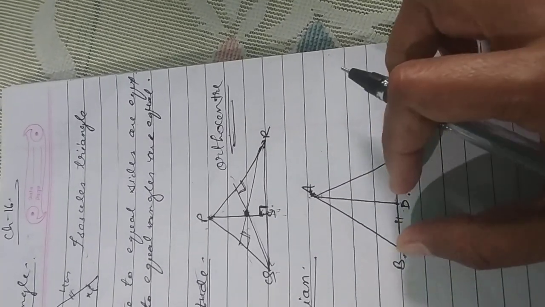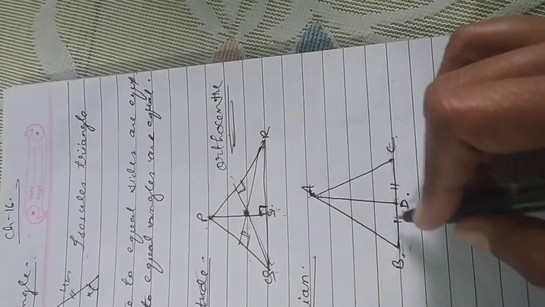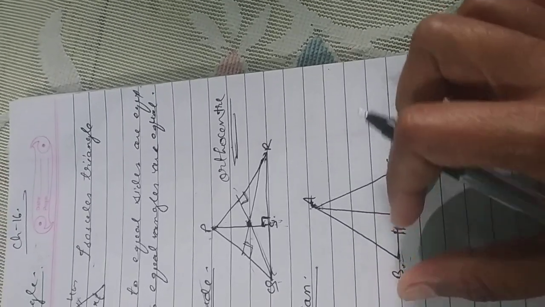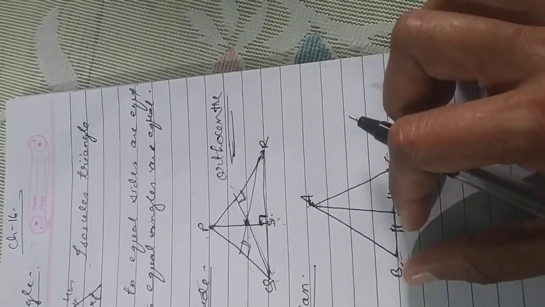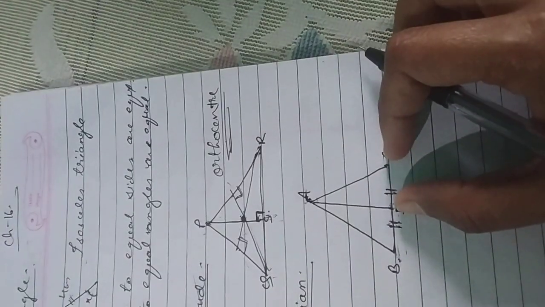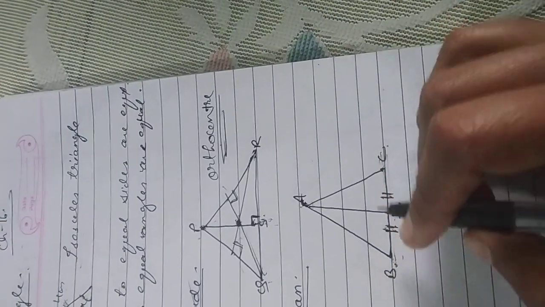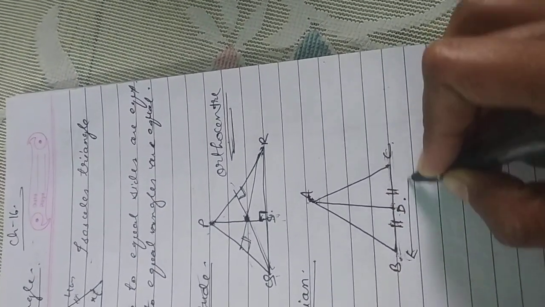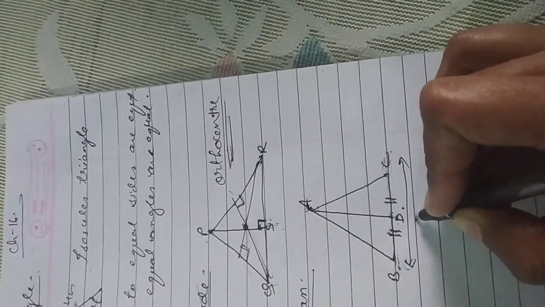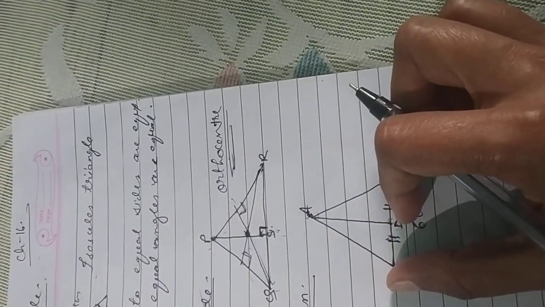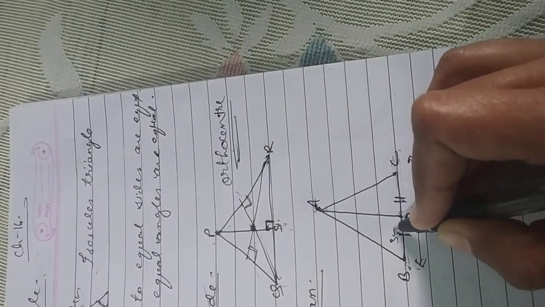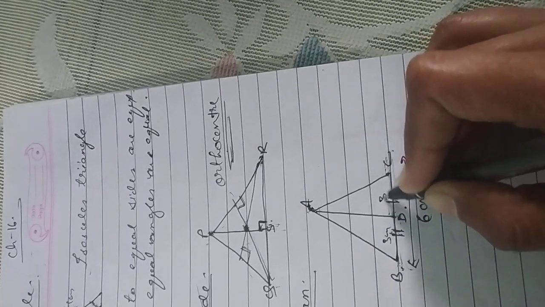If it is intersecting at the middle point, then it will divide this side into two equal halves. This side will be equal to this side. BD will be equal to DC. Suppose this full BC is 6 centimeter, then what will be the length of BD? 3 centimeter. What will be the length of DC? 3 centimeter.